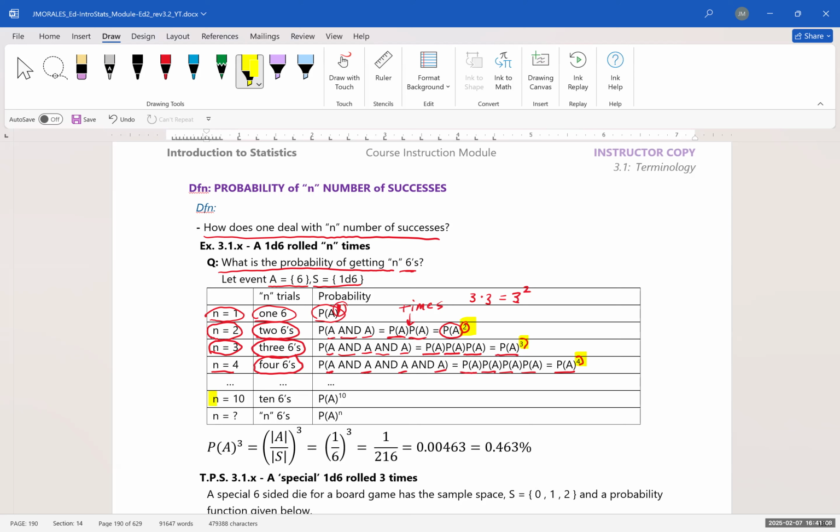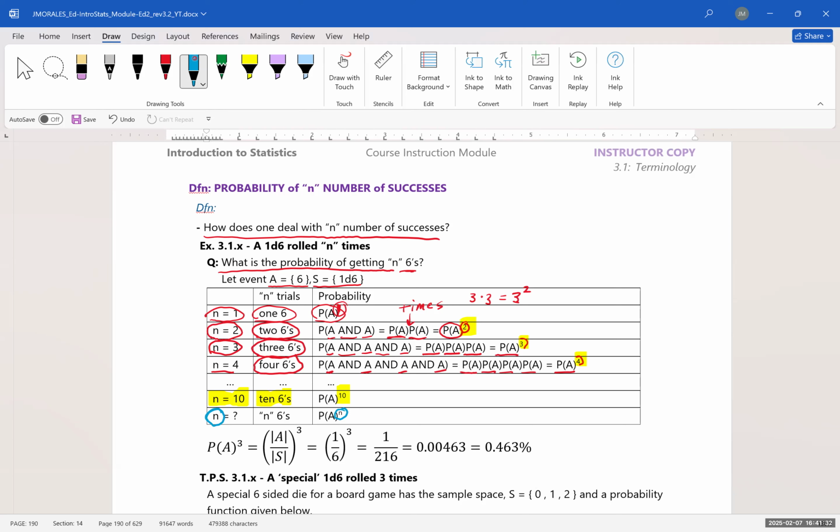And if we were to roll the dice 10 times and we wanted the probability of 10 sixes in a row, that'd be the probability of getting a single six to the 10th power. So whatever value n is, that's what you're going to use as the exponent on the probability of that single event.